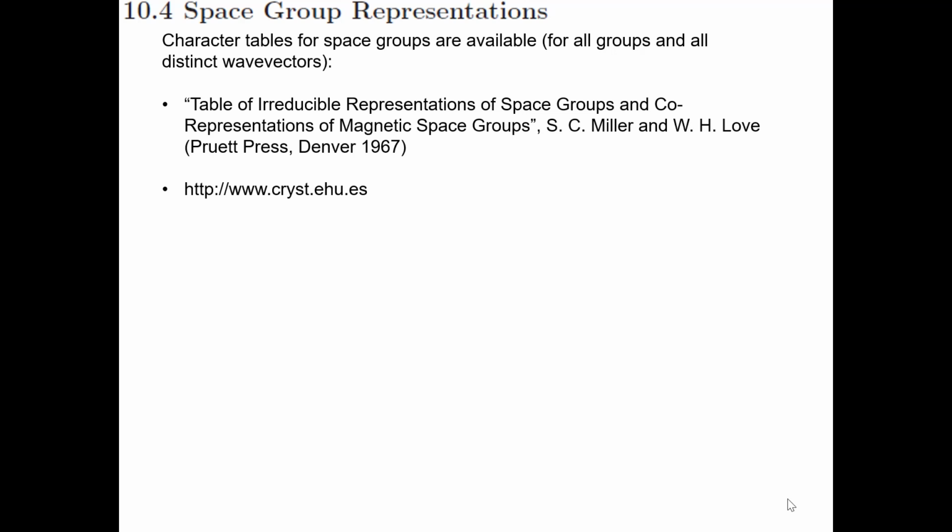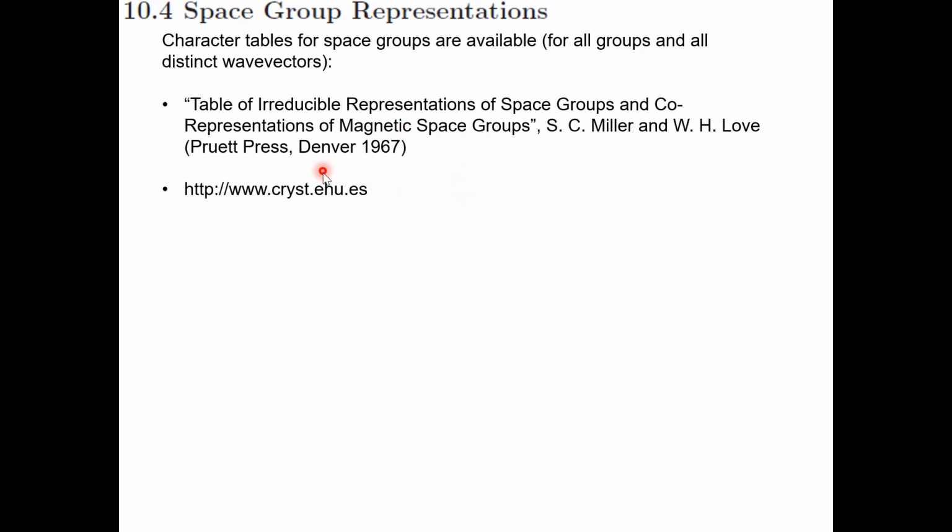These character tables, for basically all space groups and all distinct wave vectors, are already tabulated, and you can find them either in this famous book by Miller and Love, Table of Irreducible Representations of Space Groups and Co-Representations of Magnetic Space Groups.